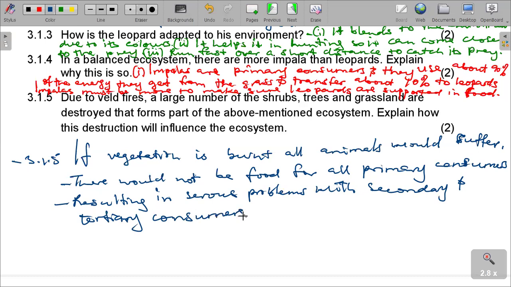That is what is going to happen if vegetation is all destroyed. There won't be food for primary consumers, and obviously, in terms of our ecosystem, the secondary and tertiary consumers won't be able to survive. Their population might also decrease. That would cause even further serious problems in terms of the existence and availability of various other animal species in our ecosystems.